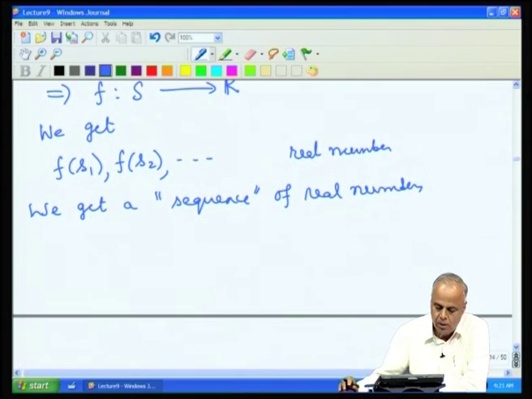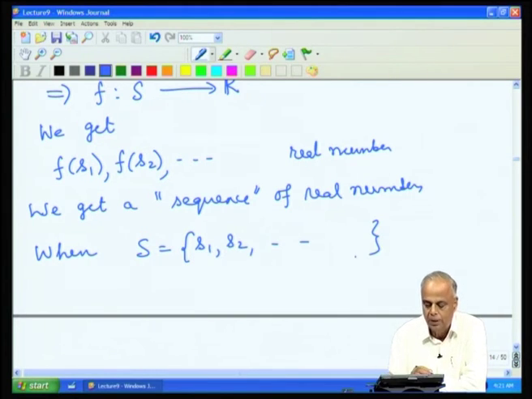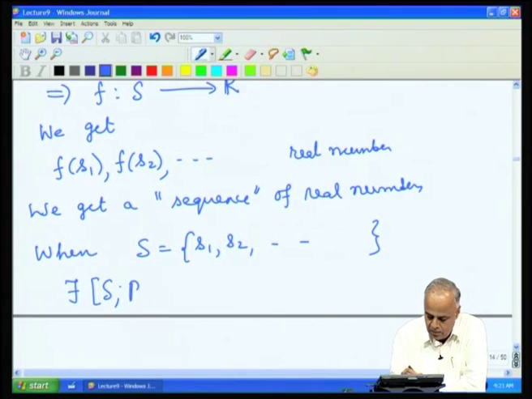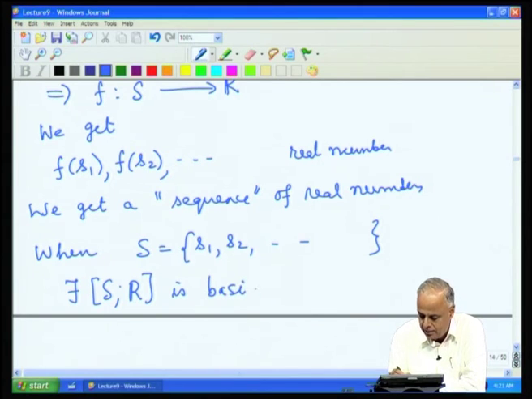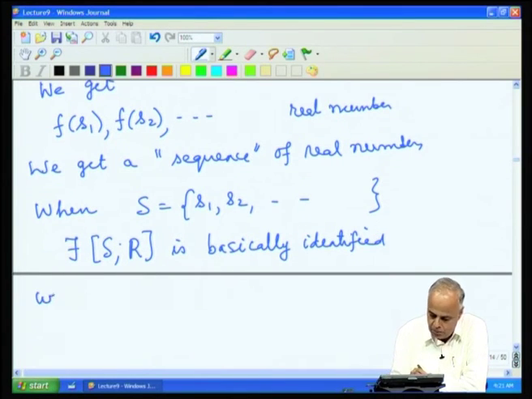And therefore, in this case, when S is equal to S1, S2, etc., an infinite sequence, F(S, R) is basically identified with sequences of real numbers.